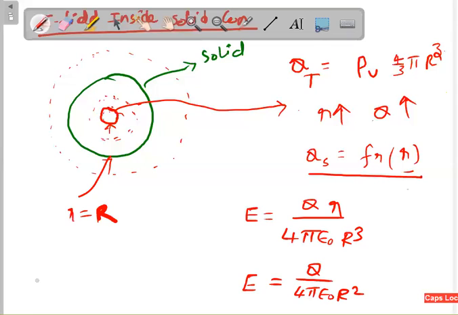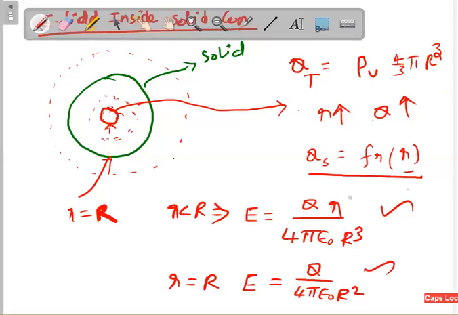Then what happens if r is greater than R? Once it is r equal to R, you are getting this. This is for r less than R. This is for r equal to R. Then what happens if r is greater than R? See, whenever small r is less than capital R, if r is less than R, definitely this value is less than this value only.